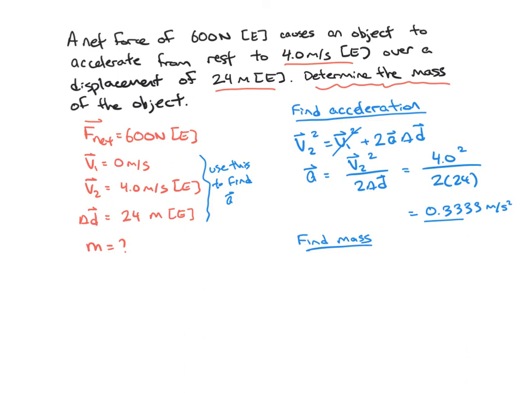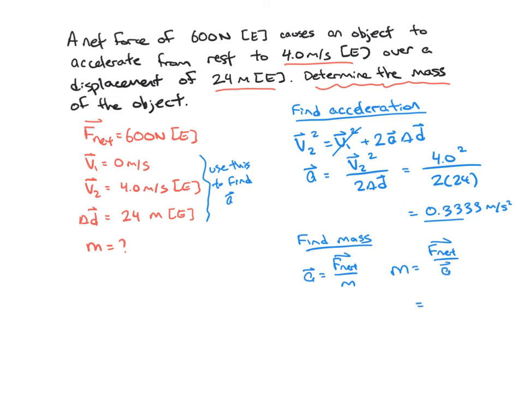Okay, so go back to Newton's second law. We're going to rearrange this for the mass. Basically, acceleration and mass will swap places in the formula when you rearrange it.